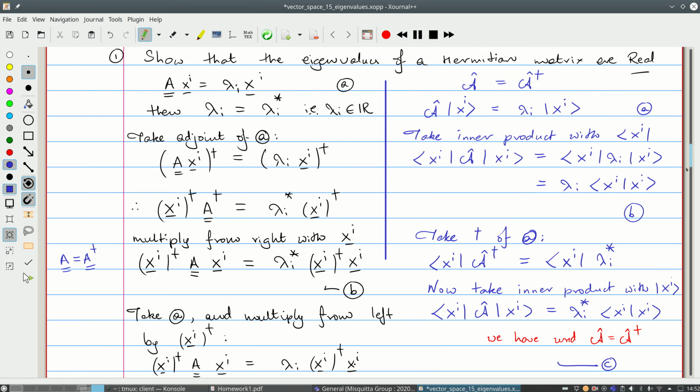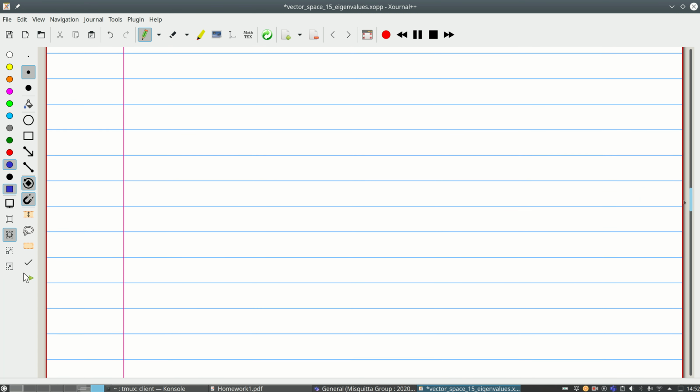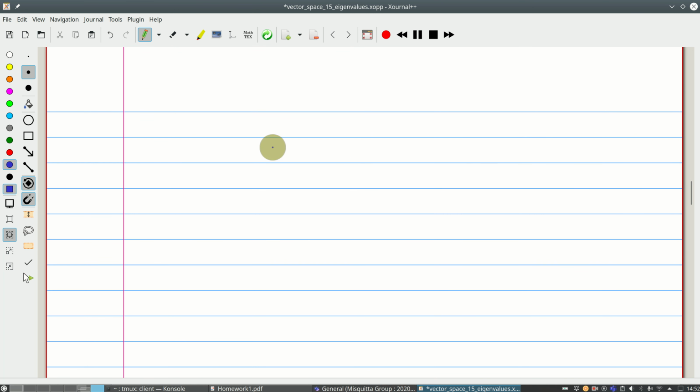Now you might say, where do we use such a seemingly abstract relation? I'm going to end this particular segment of the video at this point. Well, we see it when we look at the Schrodinger equation. There we have the Hamiltonian operating on the wave function gives us an energy times the wave function, in the time independent Schrodinger equation. And we happily say that these energies must be real.